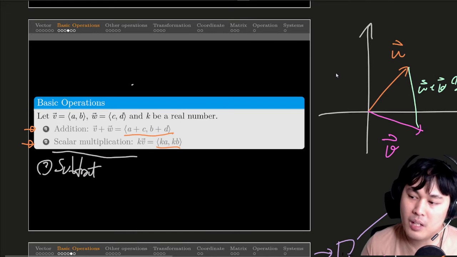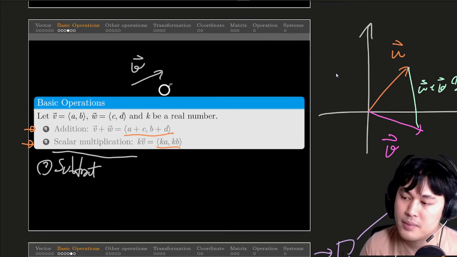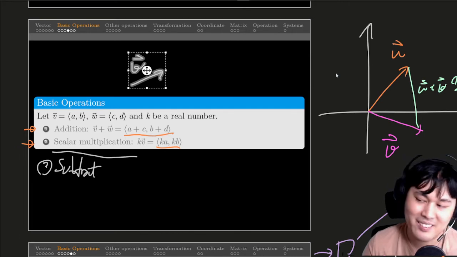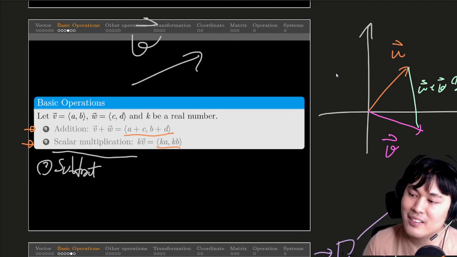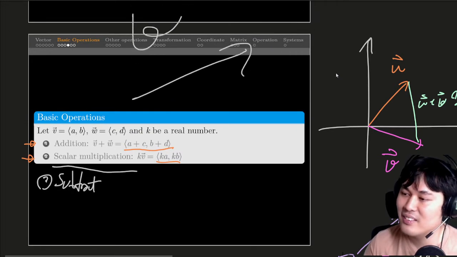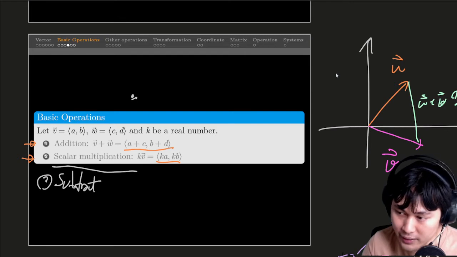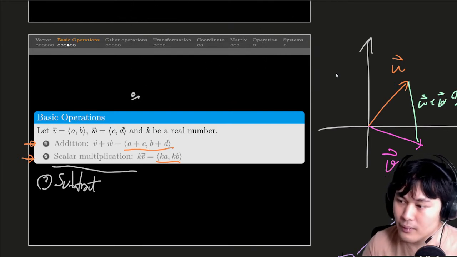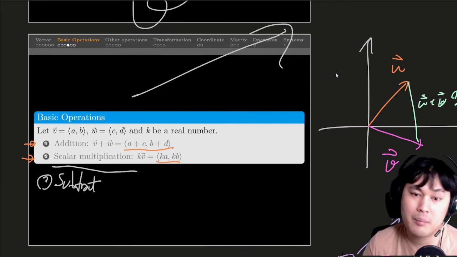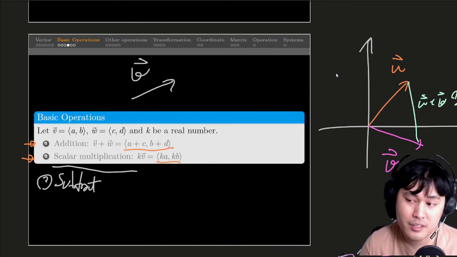So if you have an object, you can see on the screen, that's a vector. That's an object. If you copy that using any software you have, you can scale it up or scale it down to make it tinier. And that's an intuitive way to change the vector.